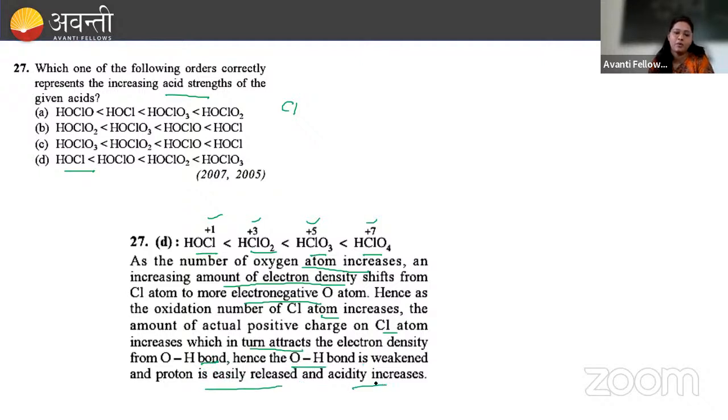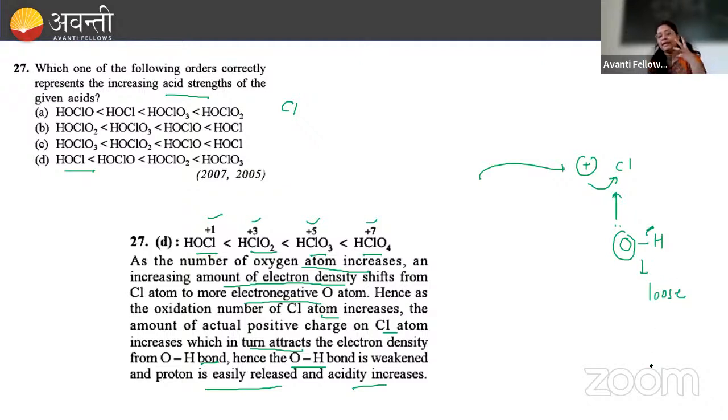So here I have given this explanation: as the positive charge increases on the chlorine atom, what happens is that the bond between O and H becomes what? A positive charge is forming on this. So it will pull the electron density towards itself from the oxygen atom, and that's why hydrogen will become loosely bound to this electronegative oxygen atom.